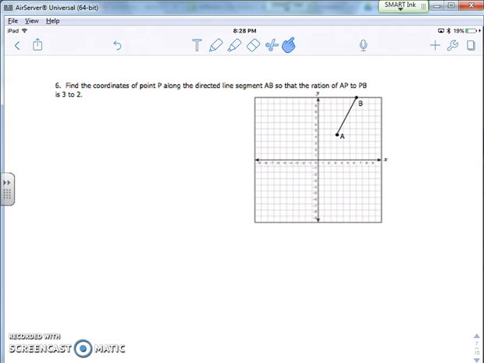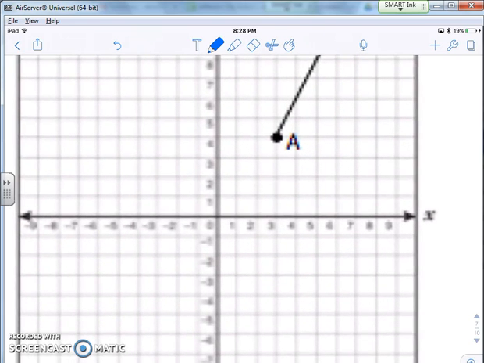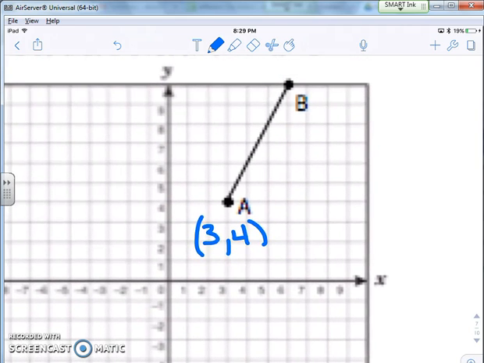We're going to partition in a 3 to 2. To go through this quick, I'm about to hit my limit. So this is 3, 4, and this one is 6, 10.